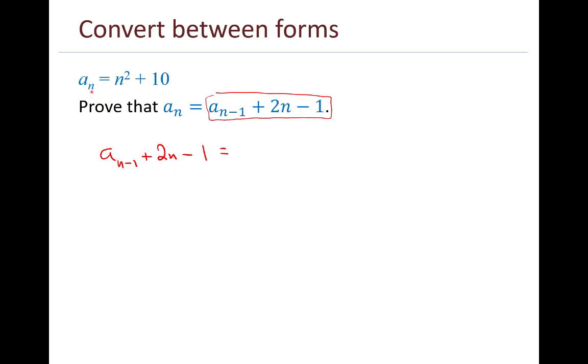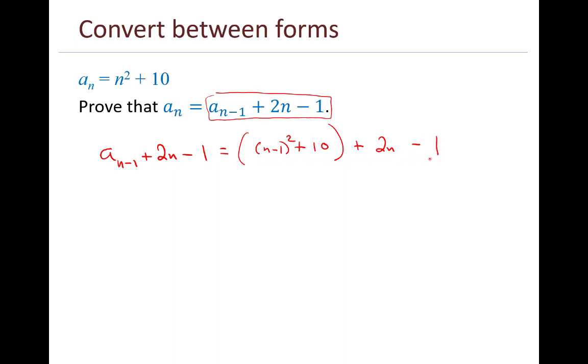A sub n is n squared plus 10. Well, a sub anything is that thing squared plus 10. So a sub n minus 1 is n minus 1 squared plus 10. And then I need to add plus 2n minus 1 there.